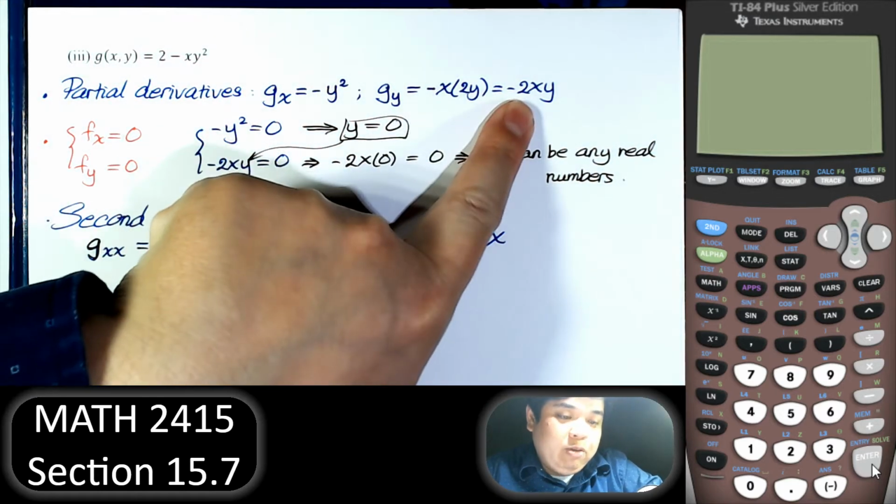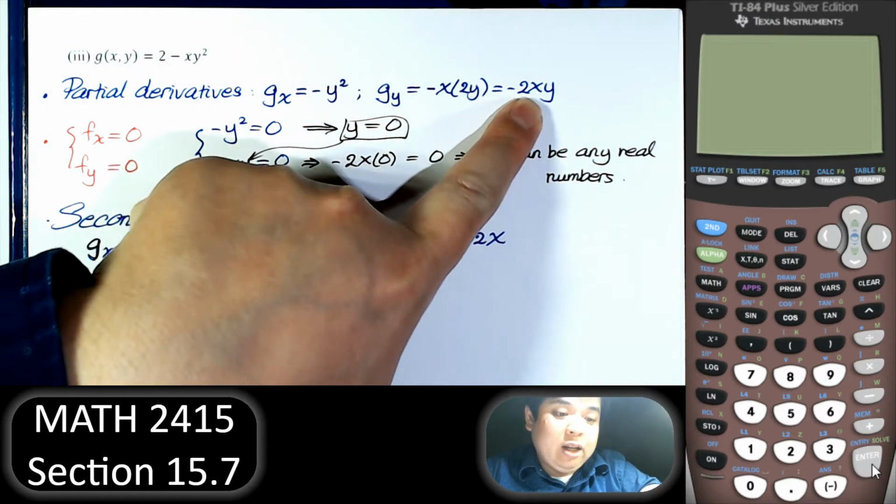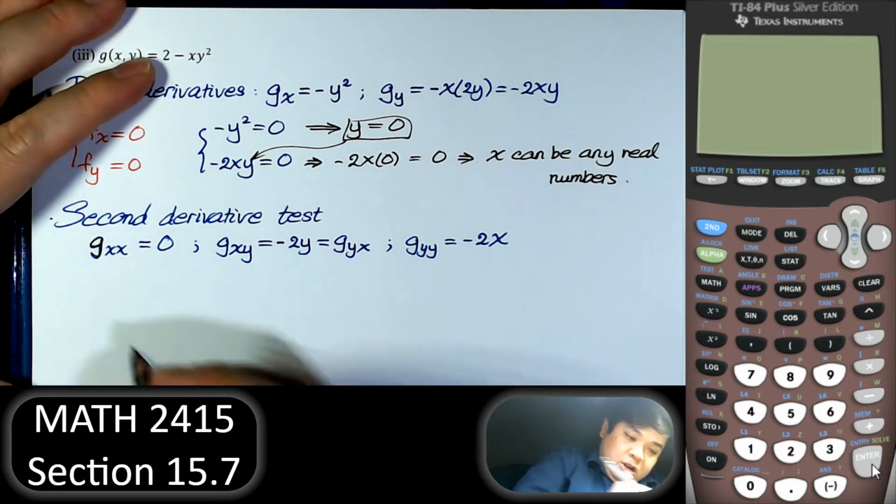Right, derivative of that with respect to y is negative 2x. Now the discriminant.